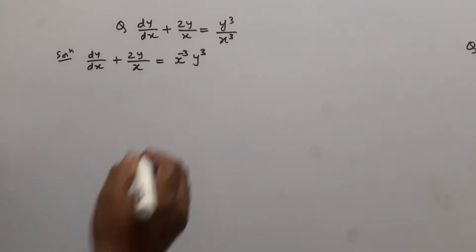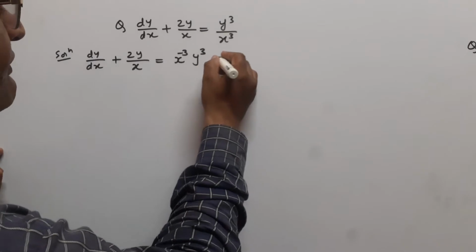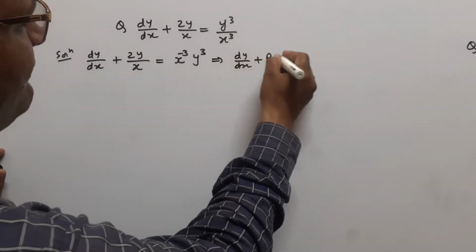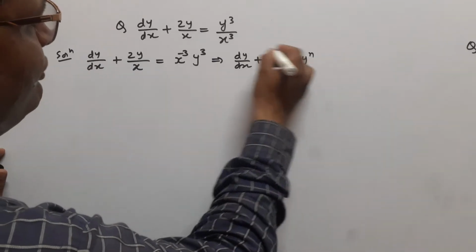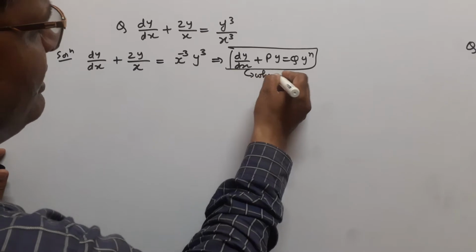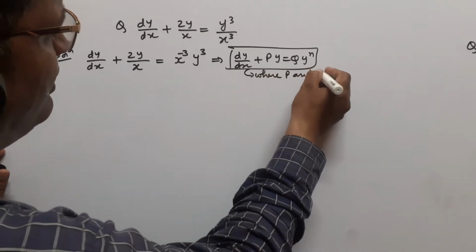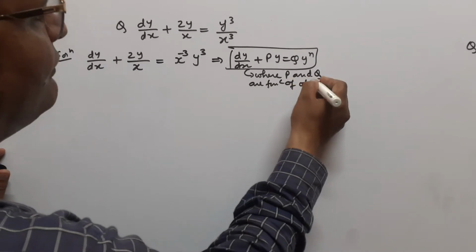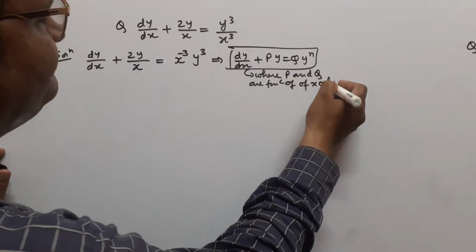Now we can see this is the equation of the form dy/dx + Py = Qy^n, where P and Q are functions of x only.